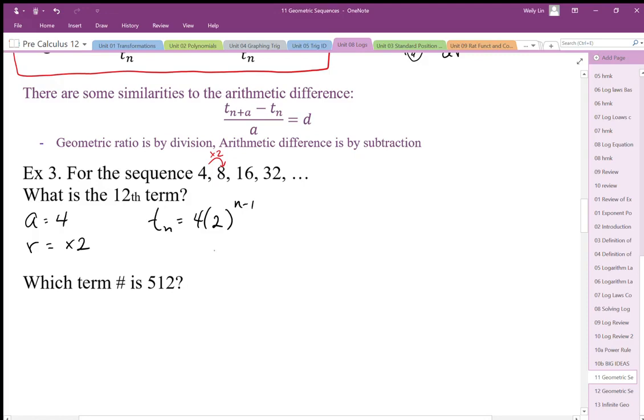And so if I want to find my 12th term, I'm going to times by 2. There's 11 steps between the first term and the 12th term. And typing this in, this is a very big number. 4 times 2 to the power 11 is going to be 8192.